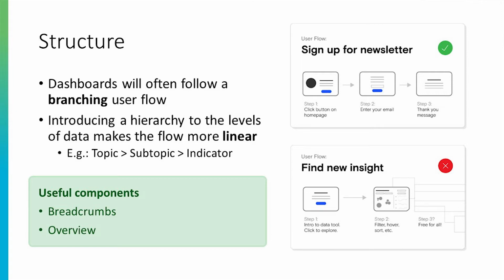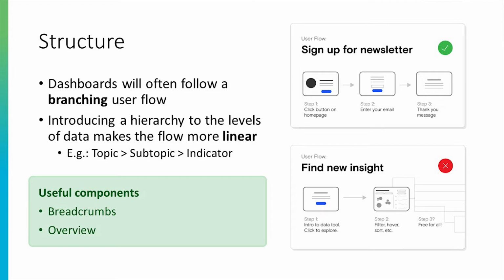It's a bit of a free-for-all, and they can get lost and they can get confused. Compare that to signing up for a newsletter. It's a very step-by-step linear flow of events, and that's really easy for the user to understand and to use the app. So we want to make it as similar to that as we can.